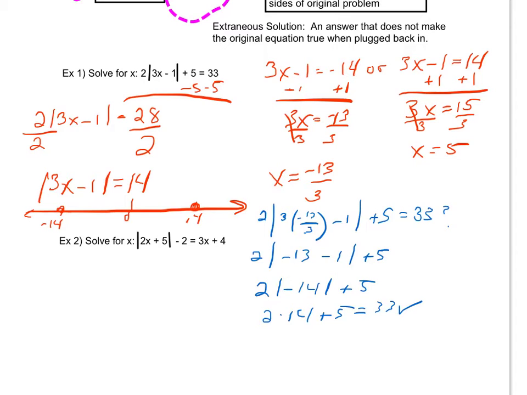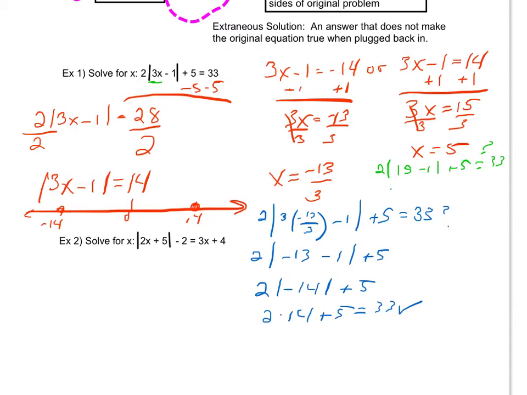If I do the same thing with x equals 5, I'll do that in green. Then I'm going to have 2 times the absolute value of 3 times 5, minus 1, plus 5. I'm going to take that in one step just because I didn't leave myself very much room. I want to know, does that equal 33?